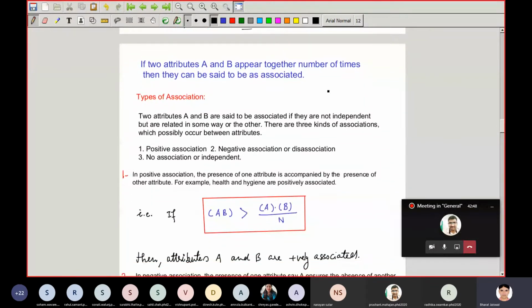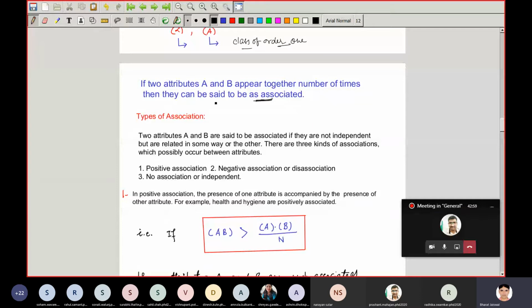Now if two attributes A and B appear together a number of times, then they can be said to be associated. The question is, when do we say two attributes A and B are associated? If two characteristics or attributes occur together frequently, then we can say there is association between A and B. Okay, take health, illness and treatment.